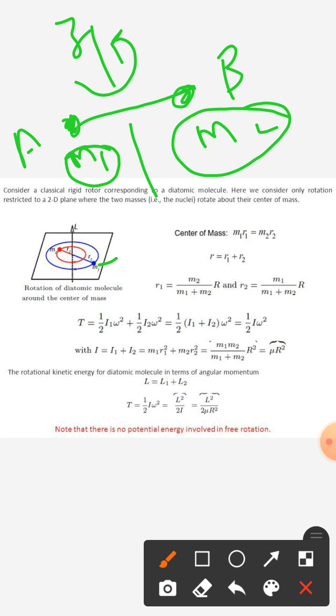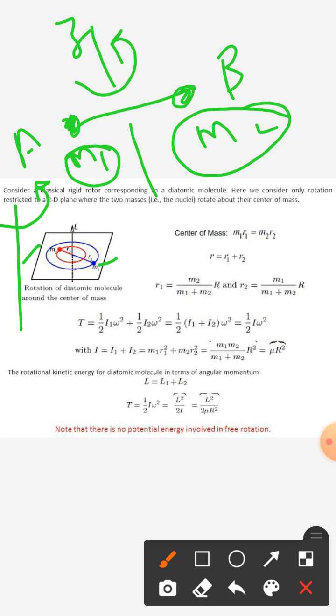There are two particles m1 and m2, and the radii from the axis along which they rotate are r1 and r2, r1 for m1 and r2 for m2. They are moving with the same angular velocity.